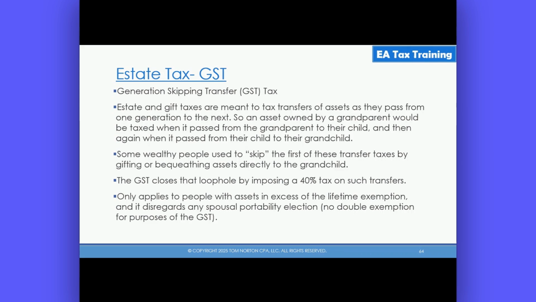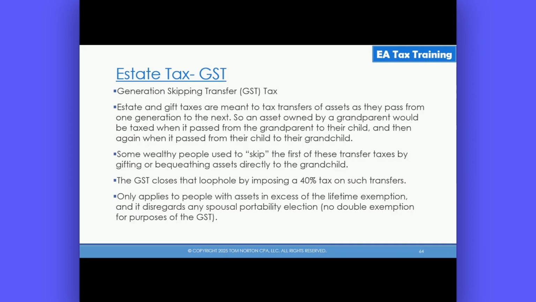So to get from grandpa to grandchild, there would be 2 levels of tax. Some wealthy people used to skip one of those levels by just bequeathing the assets straight to the grandchild. So they could just skip the tax that should have been imposed when it went to their child first.